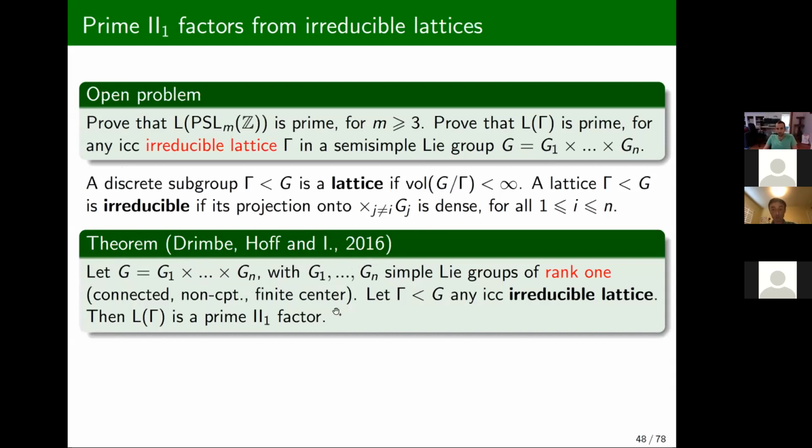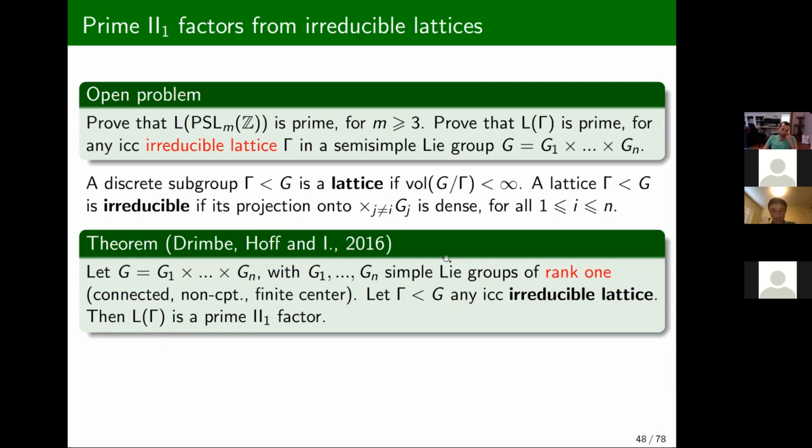These are usual assumptions. And let Gamma be any ICC irreducible lattice. Then L of Gamma is prime. Okay, so you need to assume Gamma to be an ICC irreducible lattice because you want to get a II_1 factor, but also if Gamma is a reducible lattice, the product of two lattices, then of course L of Gamma cannot be prime.